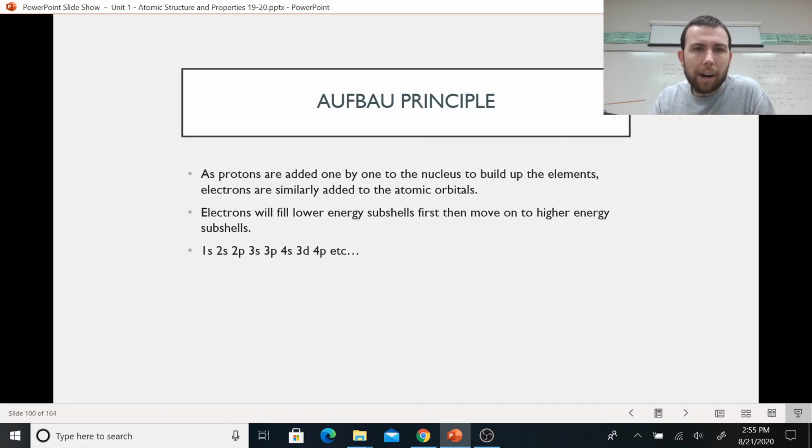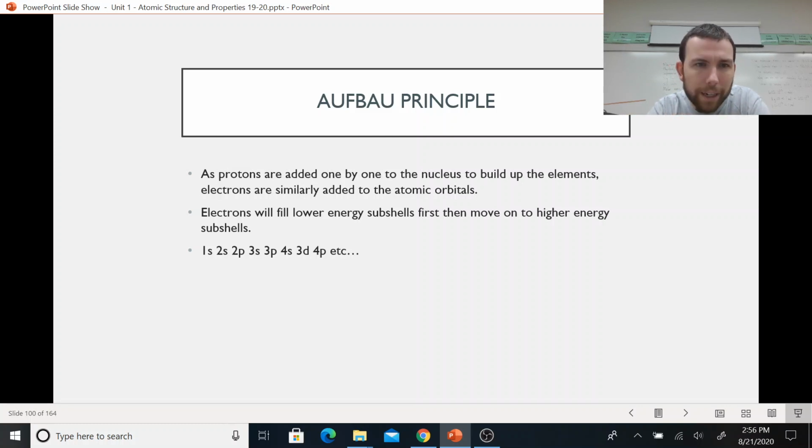And to piggyback off of that, that means that electrons are going to fill lower energy sublevels or subshells first, then they're going to move on to higher energy subshells. And so when we start to look at the periodic table, we do see that it follows a pattern. As you read it from left to right, you're going to see how that gets filled in. And so here we've kind of started off the listing.